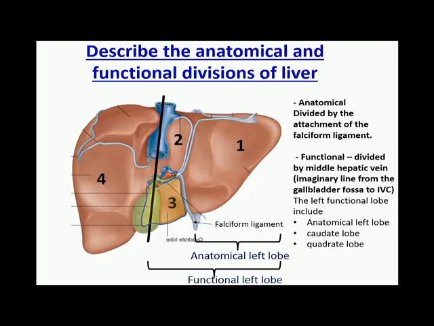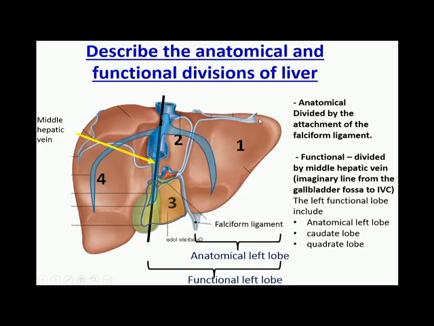I think it's an oblique view from posterior inferior, because this is posterior and this is more anterior, looking from behind this way. But it doesn't matter. What you need to study is, this is your right lobe and this is your left lobe.